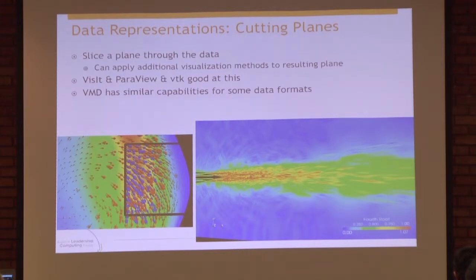In that representation, the color of the plane represents, I believe, the velocity of flow in this region, and then there's glyphs on that plane, and their scale and direction are determined by the scale and direction of the vector of the velocity. So it's another way of combining different types of representation into a single view.